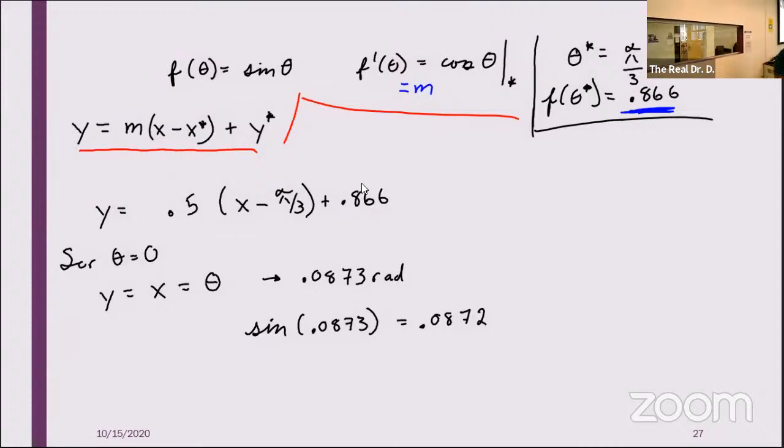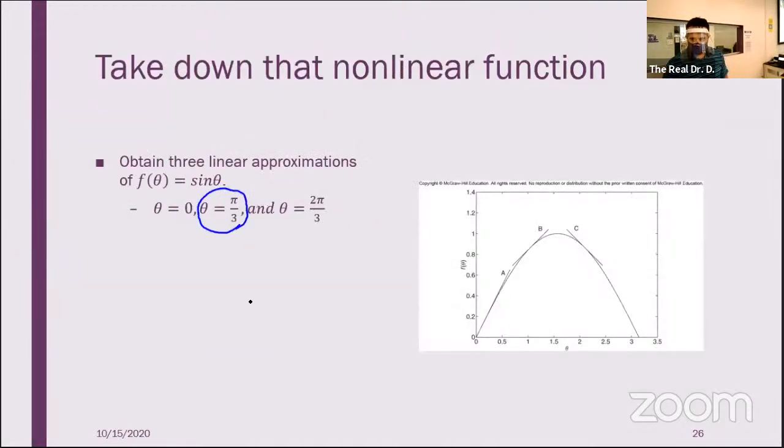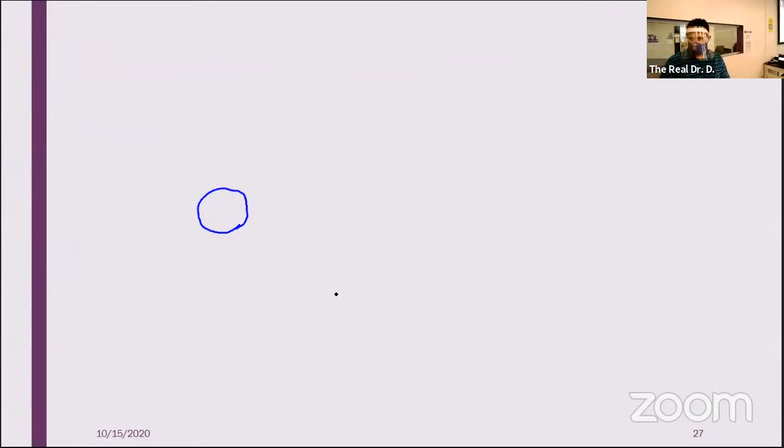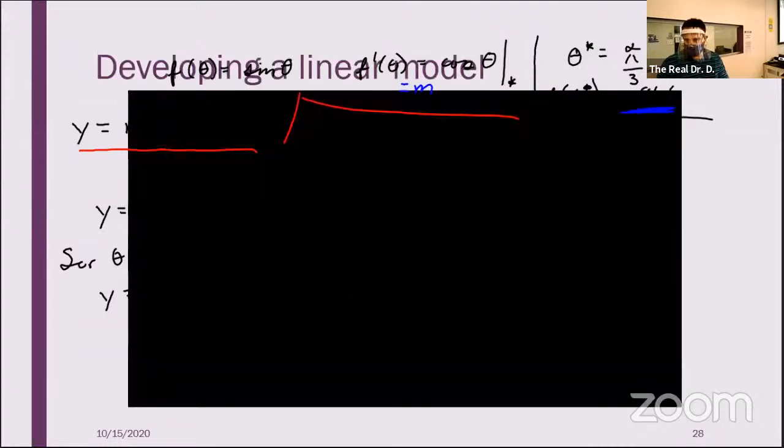That'll work. If we go back and look at our graph here, this looks like it's pretty good up to half a radian. Up to about half a radian. It's very close.